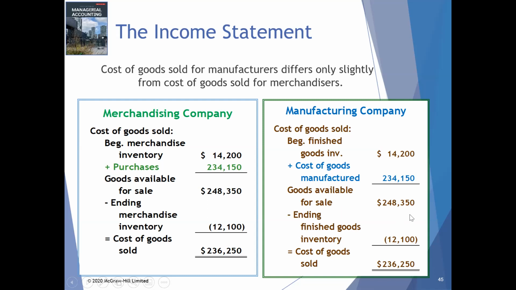Goods available for sale will be this much, minus ending finished goods, and that will be the cost of goods sold. Here we say ending finished goods inventory, and here that is the beginning finished goods inventory. That is how we calculate the cost of goods sold in a manufacturing company and a merchandising company, right?